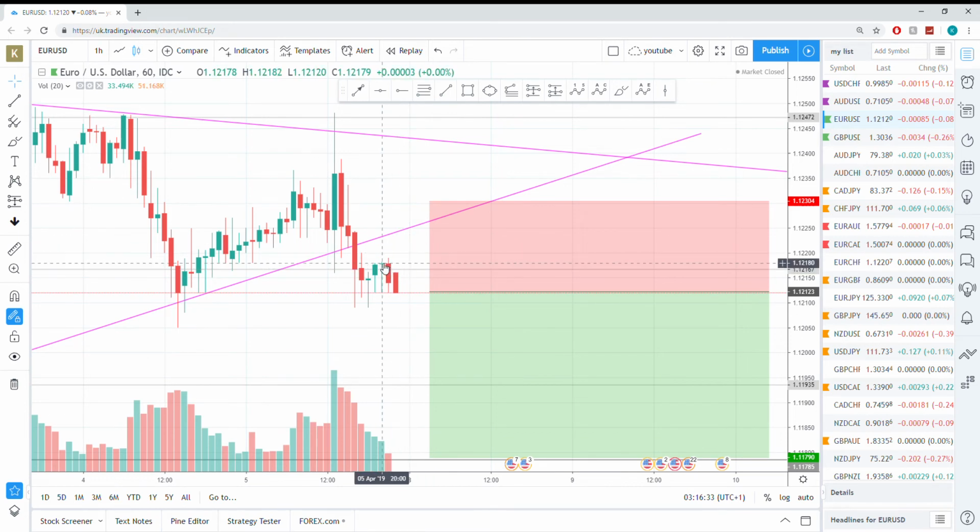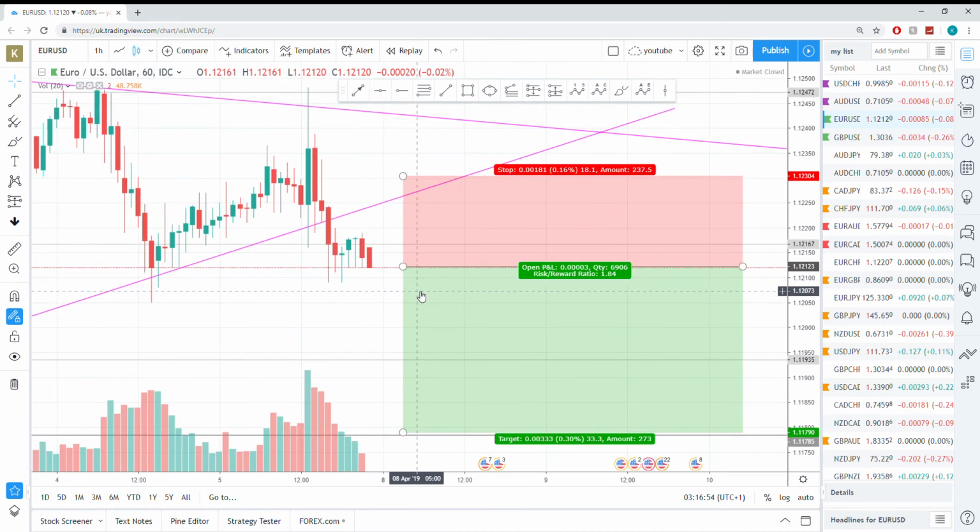We have the star forming. So this is another pattern that is right here, and we also have a bearish engulfing as well, which makes it even more likely that we're now in a selling opportunity.